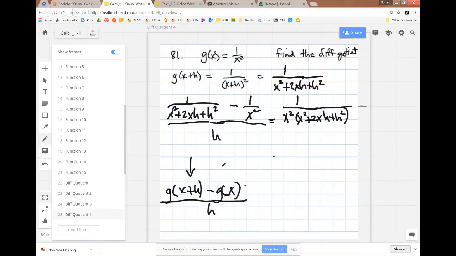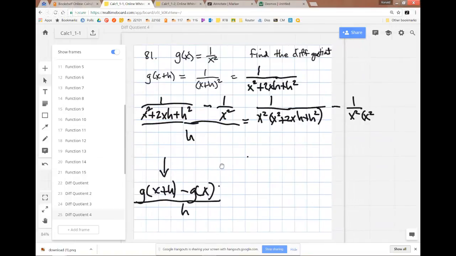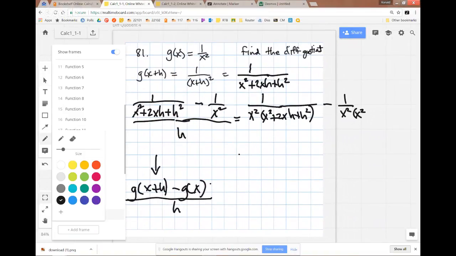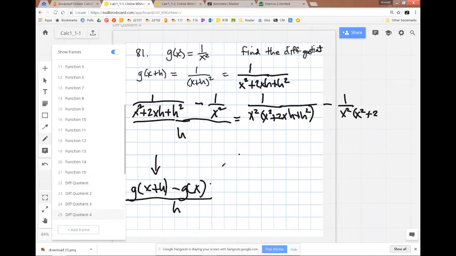And then over here, 1 over x squared times x squared plus 2xh plus h squared. So all I've done so far is get that common denominator. Now we've got it, right?